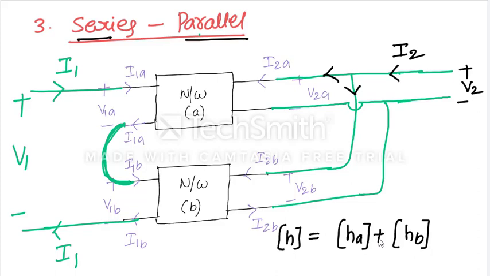The overall H matrices are simply added. Fine. Next we'll see the other type of connection.